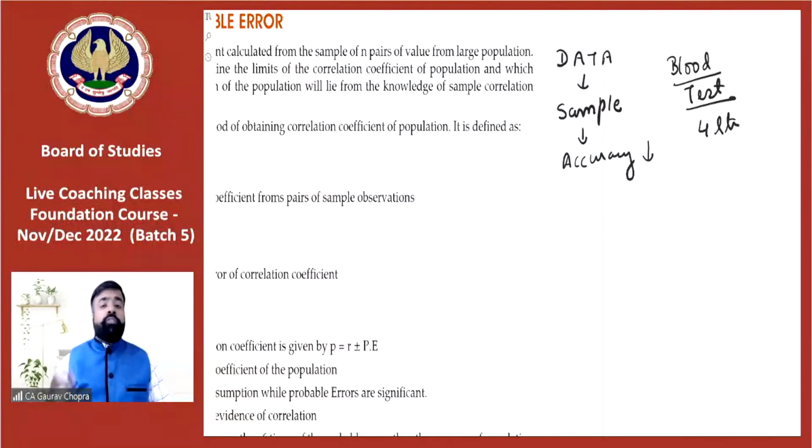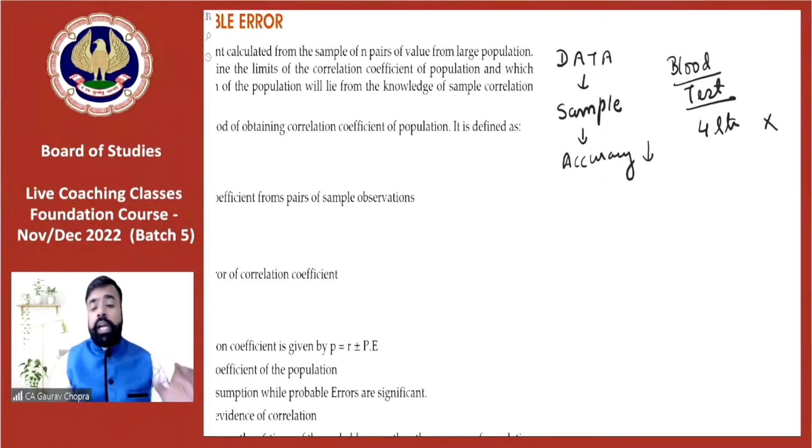Can we give all 4 liters to the doctor and ask him to test the whole blood, and in the evening insert the 4 liters back inside us? Is this possible? No, it is not possible.